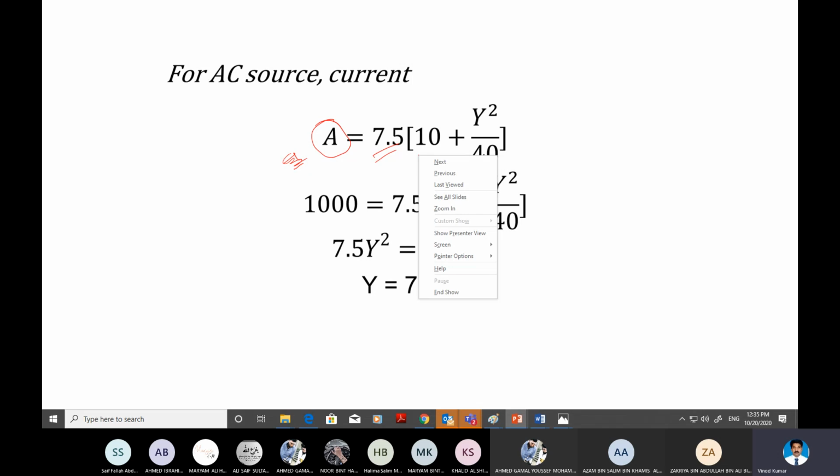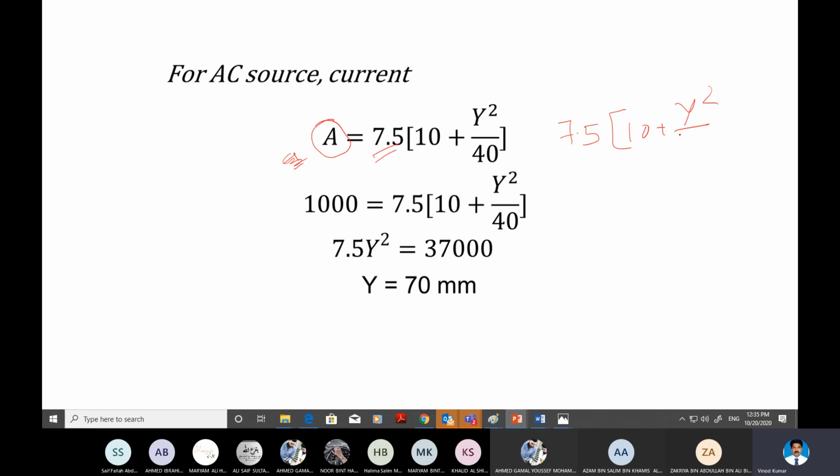So for the AC source, the equation is 7.5 times 10 plus y square over 40. This is the equation we use for the AC source.